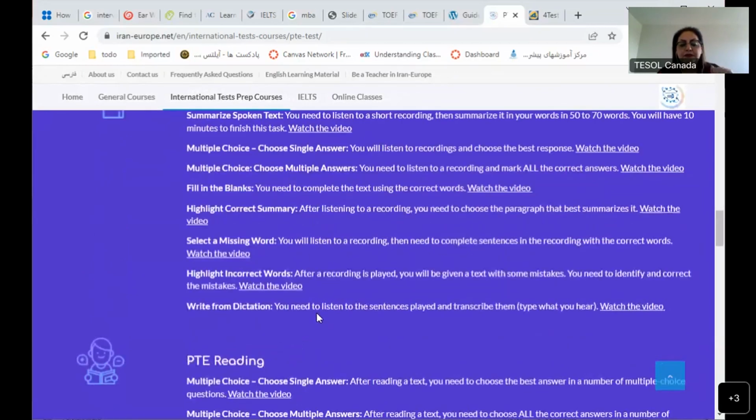And select the missing words: you listen to a recording, then complete the sentence. Highlight incorrect words: after a recording is played, you are given a text with some mistakes. You have to highlight the mistakes.